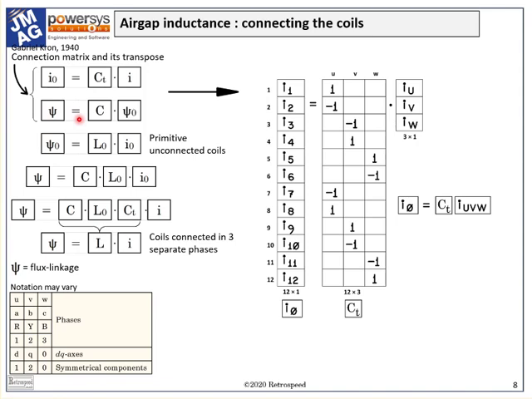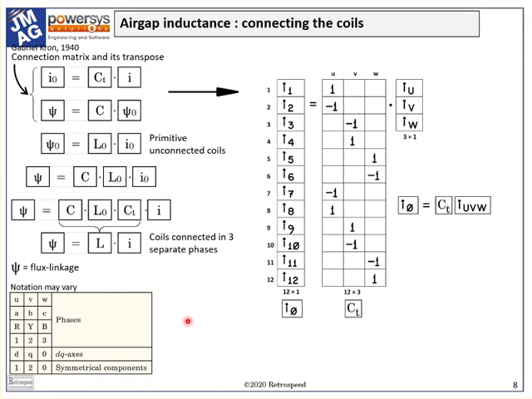The matrix is not square because it is connecting 12 independent coils into 3 circuits, 3 phases, so its dimensions are 12 by 3. It doesn't have to be square because it is never necessary to invert it. When Kron first published this type of method, it met with quite a bit of opposition, as you can imagine.